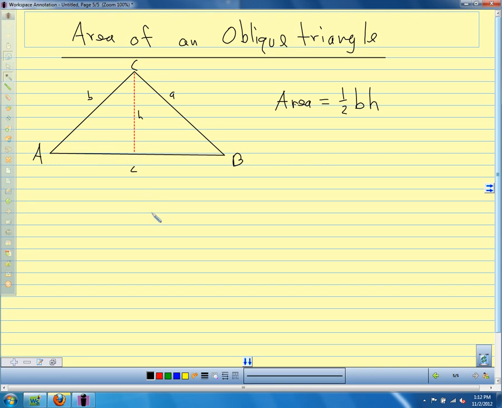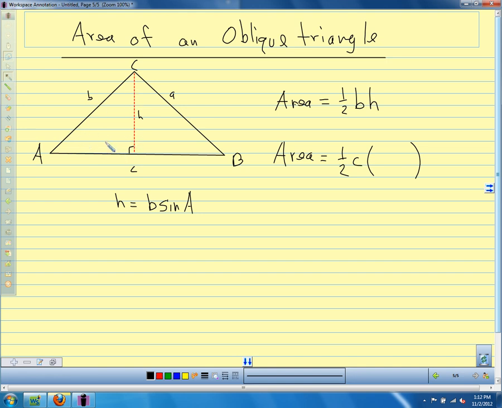C, right? So our area equals 1/2 C, and then we're going to calculate our height. Well, we can calculate our height because we know that this is a 90-degree angle. We can say that, just like we did before, that H equals B sine A. Just like we did before, we have this right triangle.